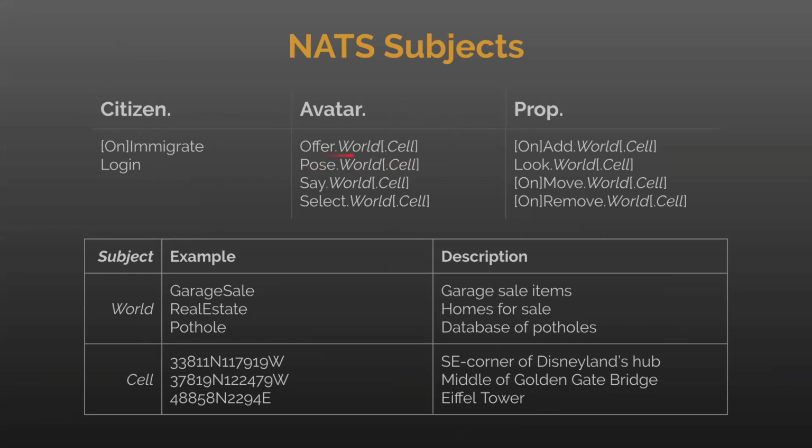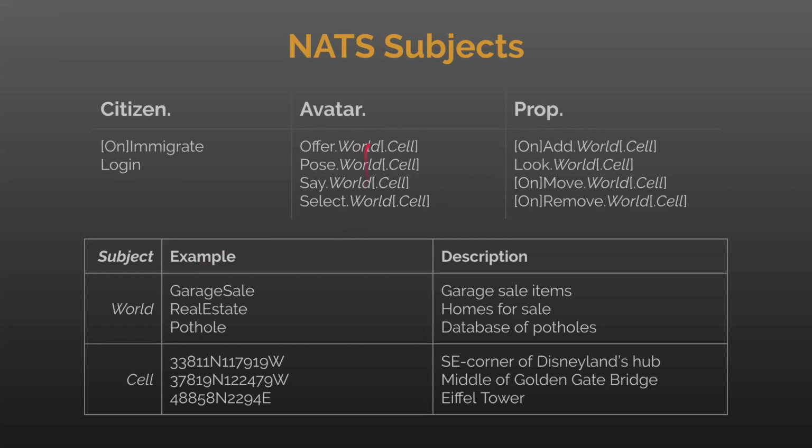The avatars, they need to tell their pose and say things to other people and select objects and things like that, and make offers. Like a bot may need to offer various choices to a user. And then on the property side, you need to be able to add things to the world, look around at where you're at, move, and remove objects from the world.